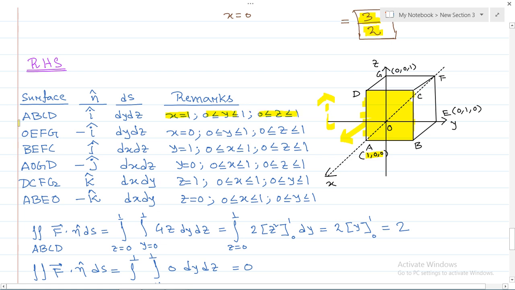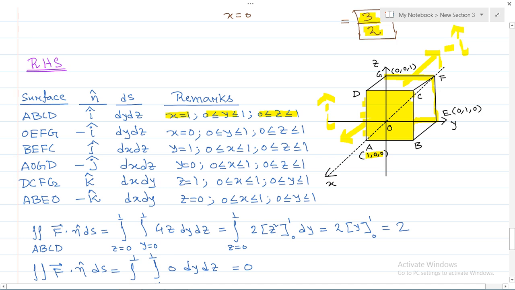where y will vary from 0 to 1 and z will vary from 0 to 1. Now the backside of the surface ABCD is the surface OEFG, the backside surface. For the backside surface, the outward unit normal will be in the negative direction of the x-axis, that is minus i cap.